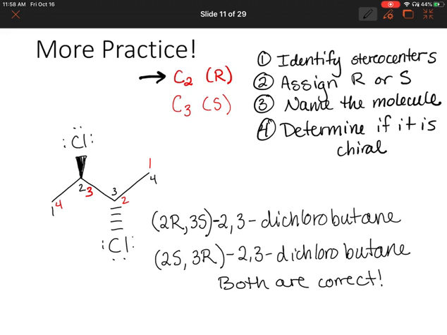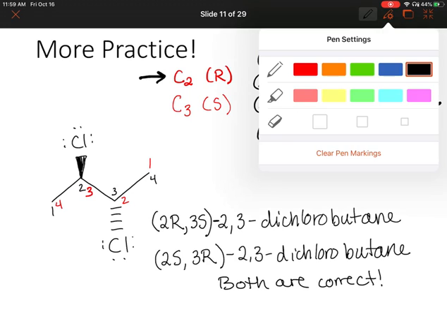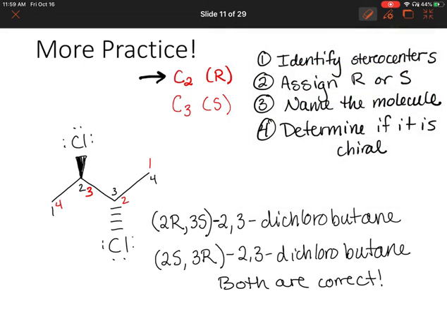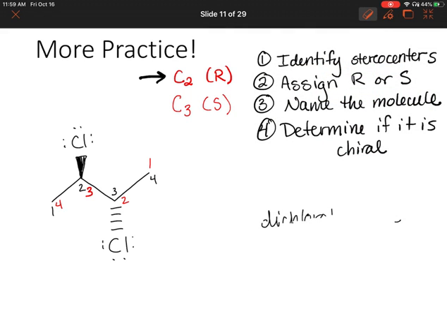Now remember, you can rotate the molecule any way you need to, and there are some single bonds there that can freely rotate. So what if we redraw this molecule? And I'm going to erase the names just to make some room.